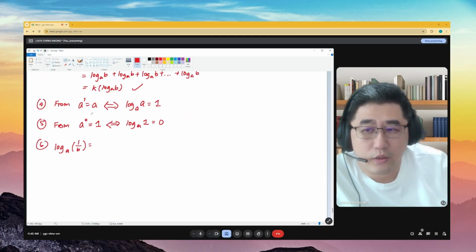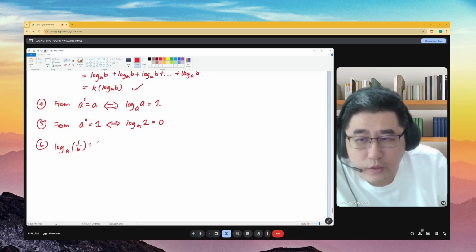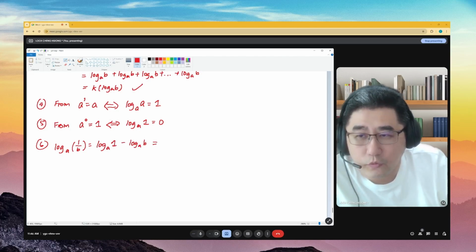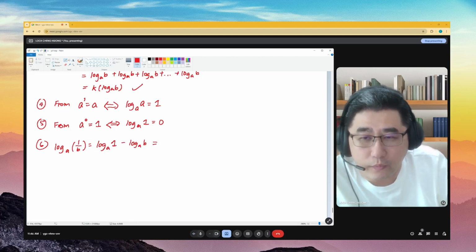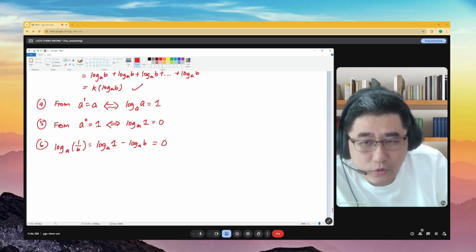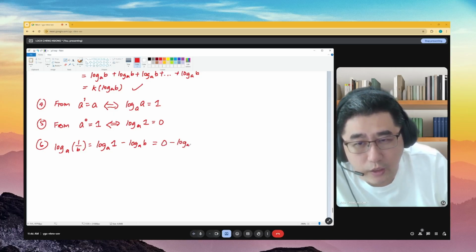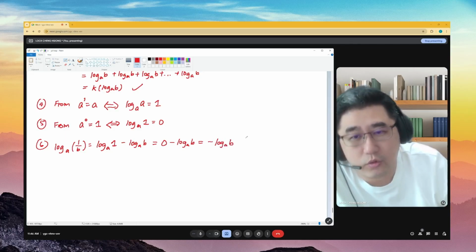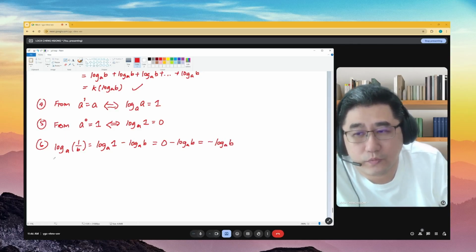Therefore, I can write this as log_a 1 minus log_a b. From rule number 5, log_a 1 is 0. So 0 minus log_a b. Therefore, it's negative of log_a b. You can see the rule is true.